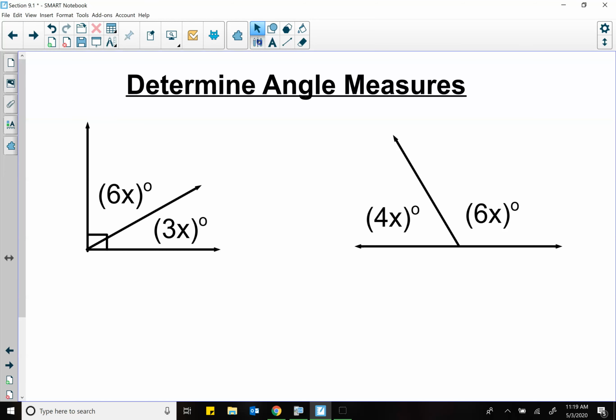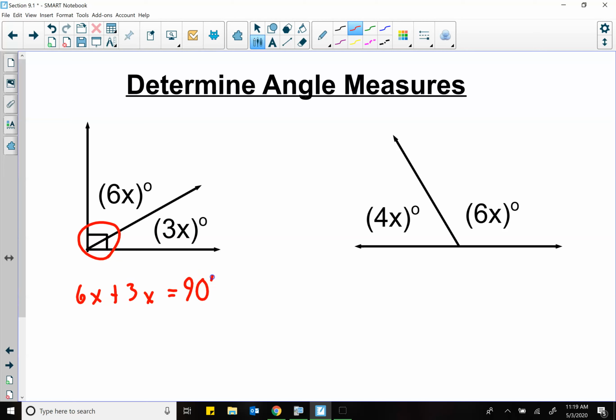Okay, so hopefully you realize that over here, these are complementary because they have that 90-degree angle right there. So since they're complementary, these two angles must add up to 90 degrees. So 6x plus 3x gives us 9x equal to 90 degrees.